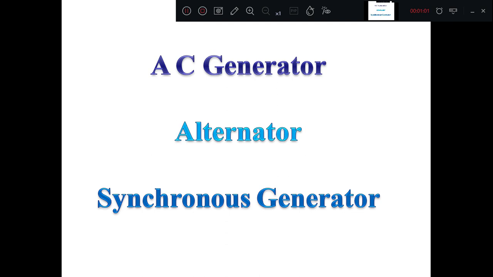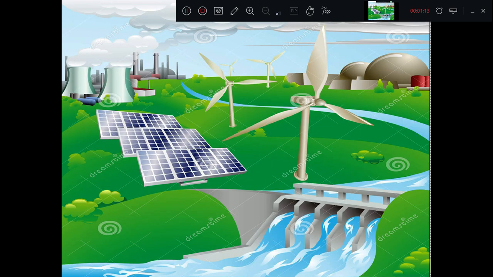In this session, we'll study the construction of the AC generator, also called an alternator or synchronous generator. You can see here there are different mechanical energy sources available. The water head is used as mechanical energy, and we are showing a demo here.